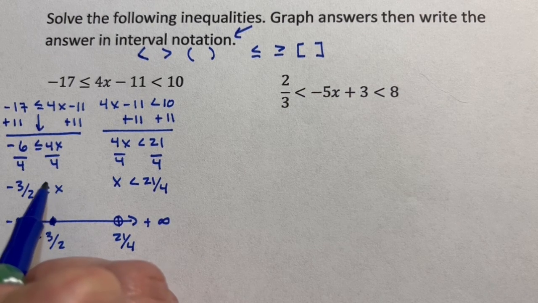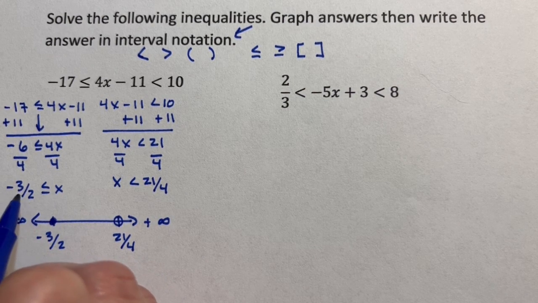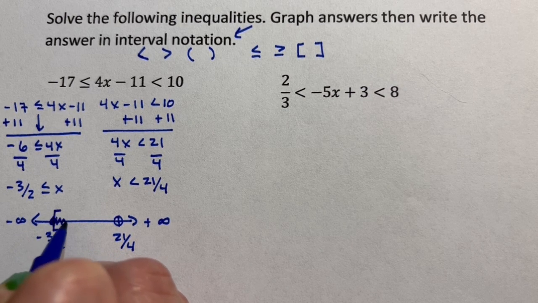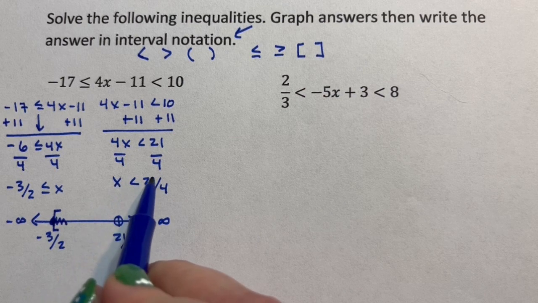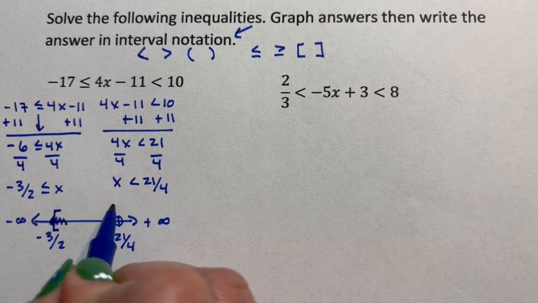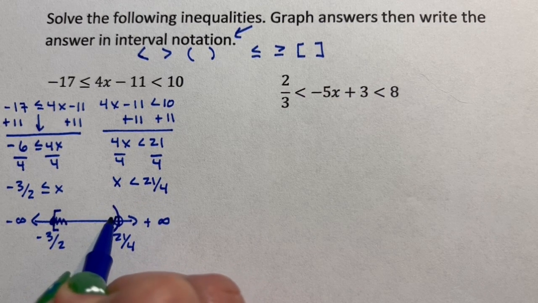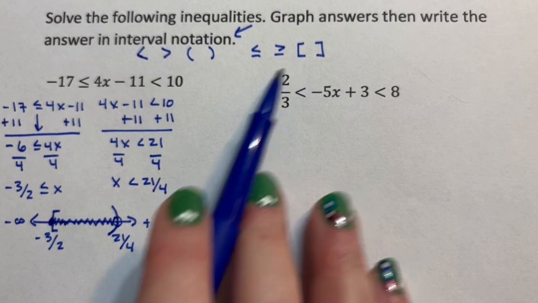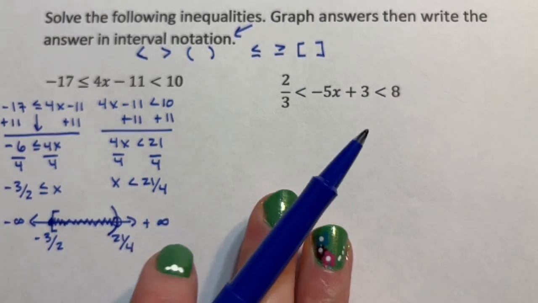So if x is greater than or equal to negative 3/2, I am going to do a bracket indicating the direction of greater than or equal. If x is less than 21/4, I'm going to do parentheses in the direction of less than 21/4. The bracket is great because it's like my x is reaching and touching a wall.